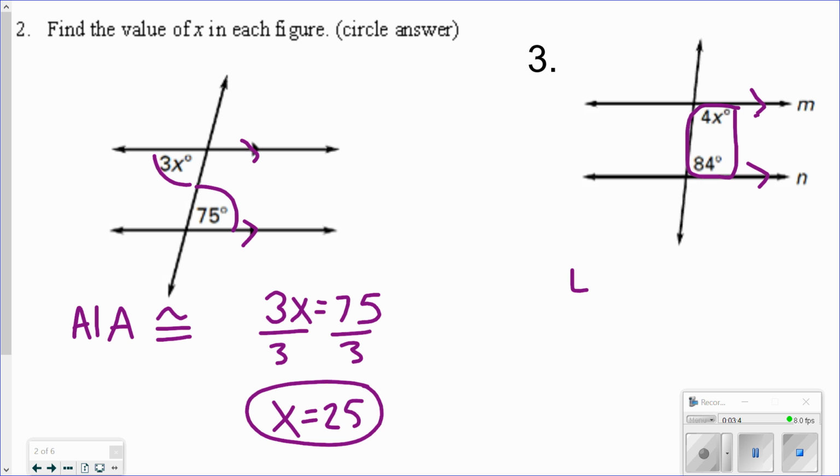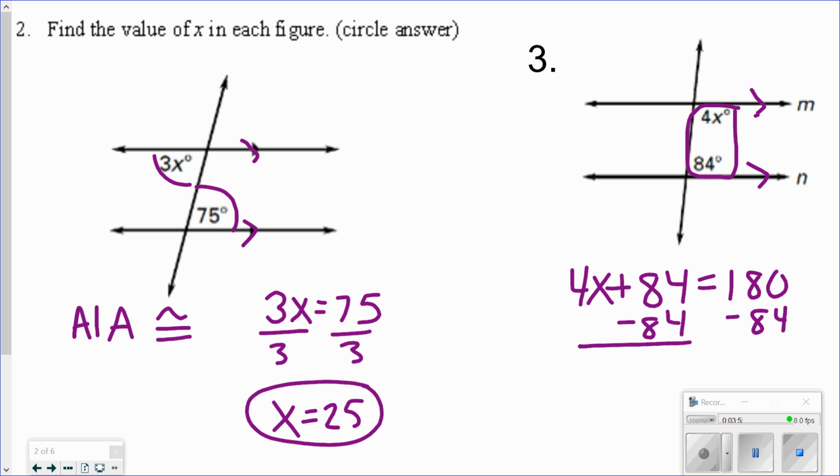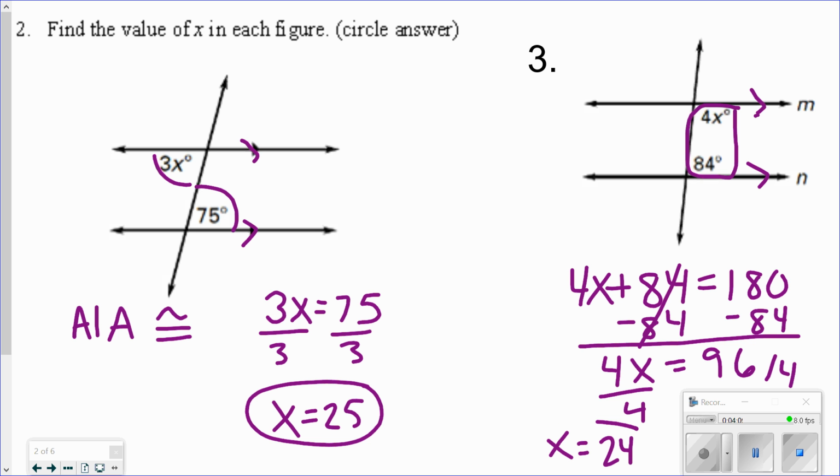So I have 4x plus 84 is equal to 180 degrees. Subtract 84, subtract 84. Then I get 4x is equal to 96, divide by 4, divide by 4, and I'm running out of room, but x is equal to 24.